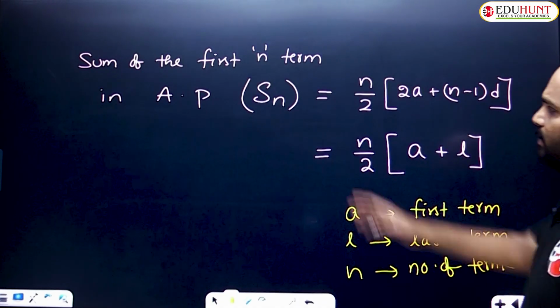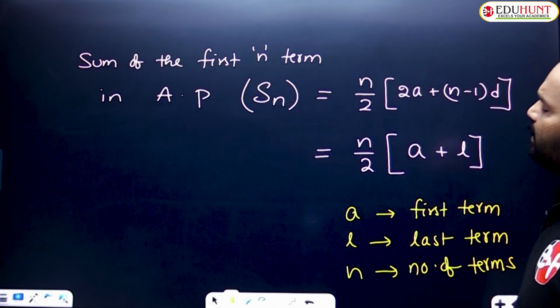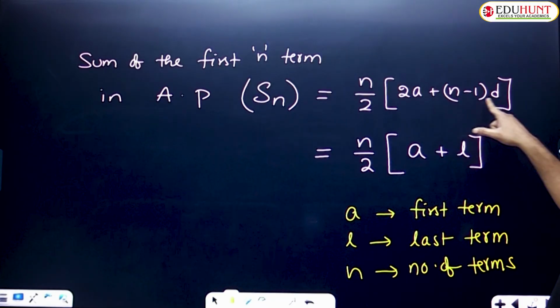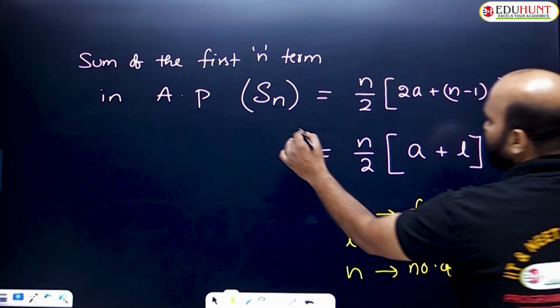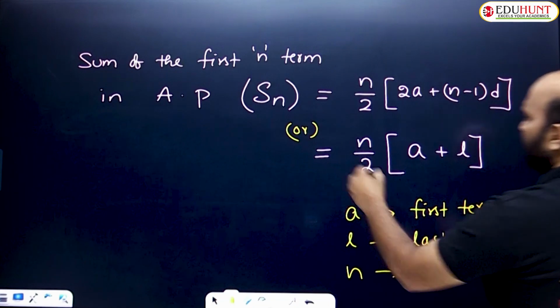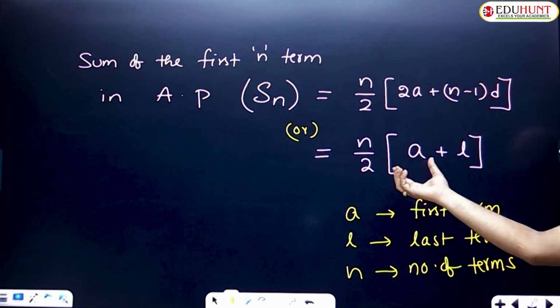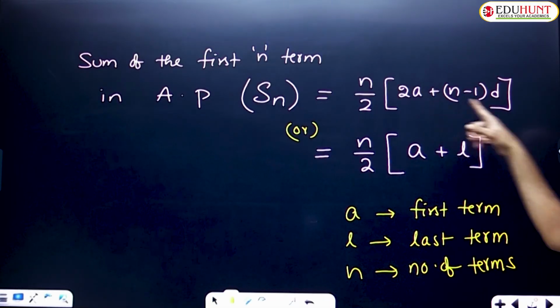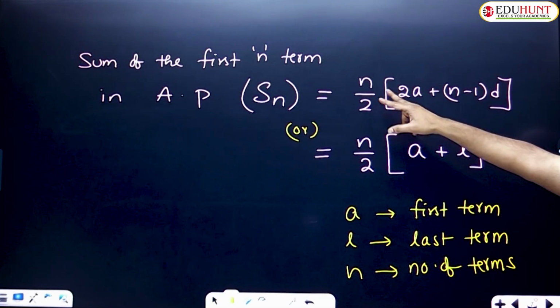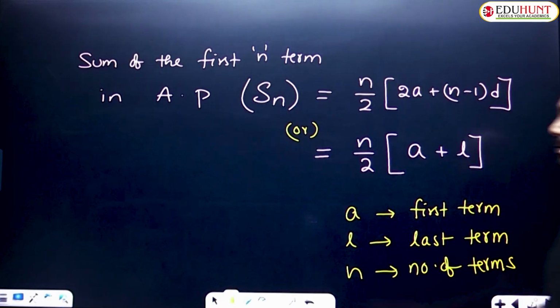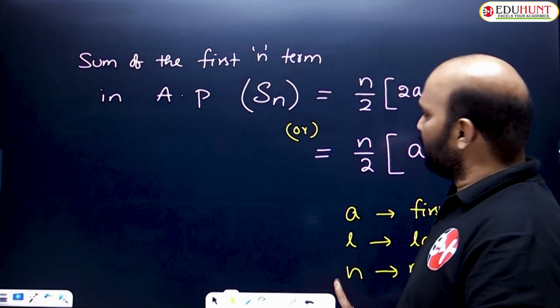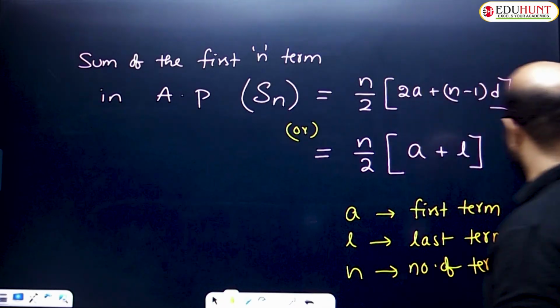So two formulas: Sn, the sum of the first n terms in AP, is n by 2 into 2a plus n minus 1 into D, or it can be written as n by 2 into A plus L. If you know the first and last term, directly you can write the second formula. If you don't know the last term, you can apply the first formula. So these are very important formulas in arithmetic progression. Am I clear?